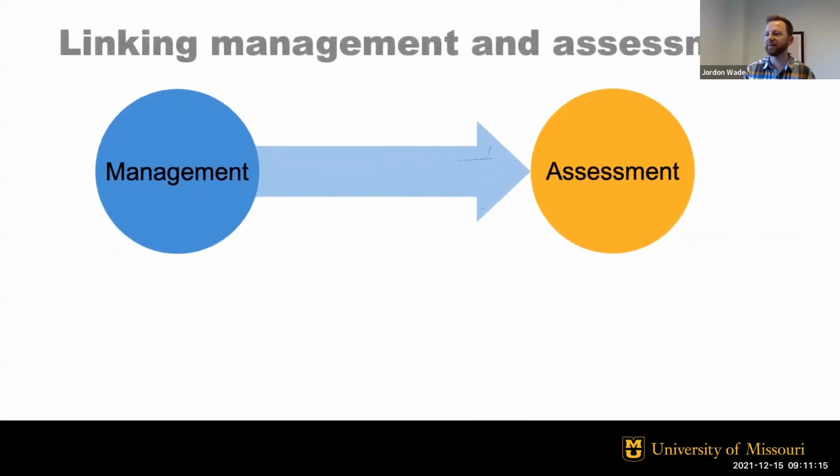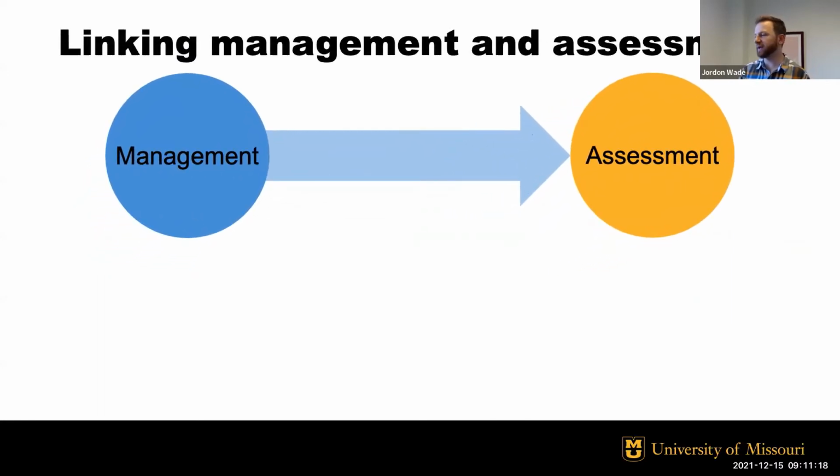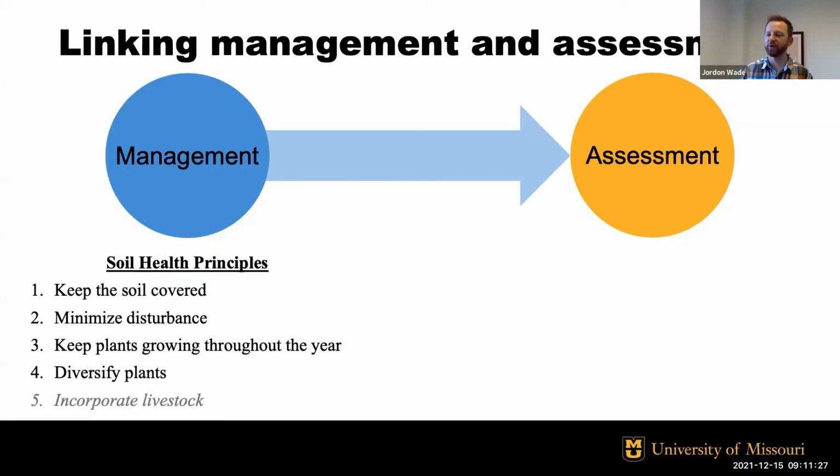Now, of course, making that link between management and assessment, making sure that we're assessing the right things, is an entire mission unto itself. When we talk about management, there are lots of different soil health principles. Keep the soil covered, which cover crops fall very readily into. Minimize disturbance, that would be things like reduce tillage. Keep plants growing throughout the year, cover crops again. Diversify plants, cover crops again, and incorporate livestock.